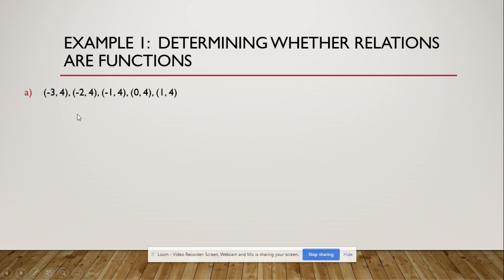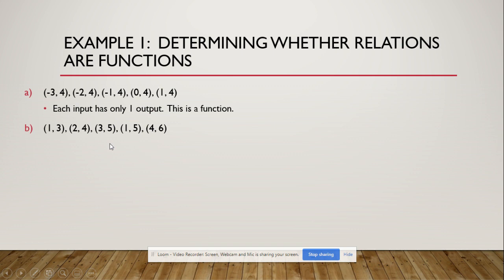Now, even though this 4 is repeating, remember the definition: each input has only one output. Well, -1 only has one output, the output is 4. 0 has only one output, the output is 4. So this is a function. Each input has only one output.